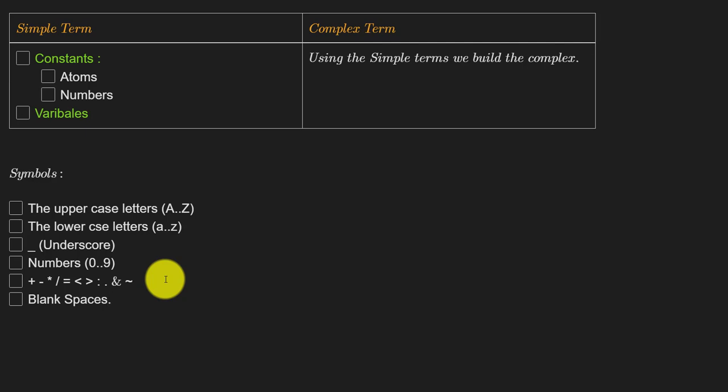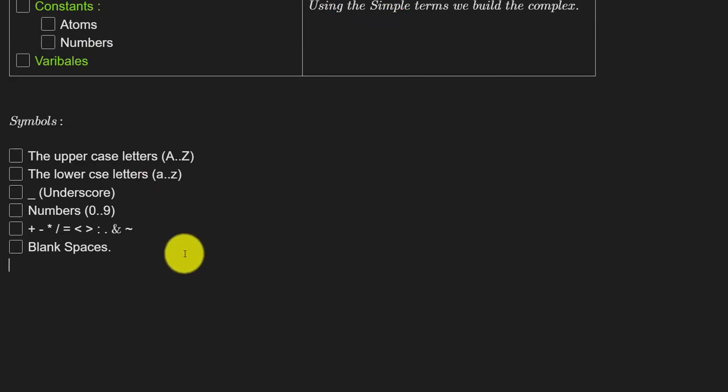Now let us try to see first how we can define atoms, then variables, then numbers. So we'll start with atoms. By definition, atoms are a string of characters made up of uppercase letters, lowercase letters, digits, and underscores. A string means a list of characters.